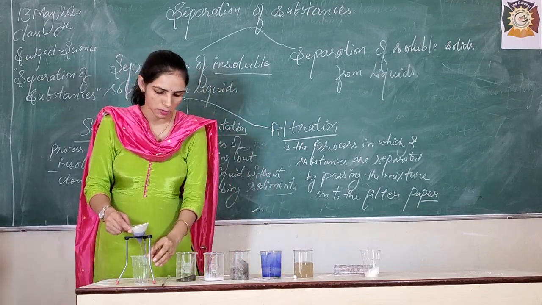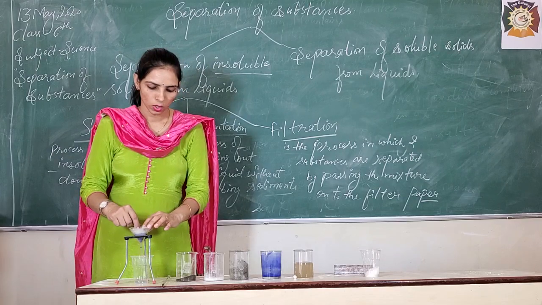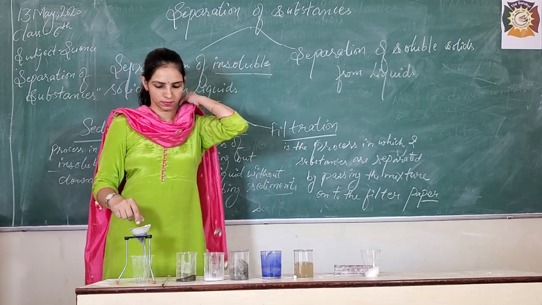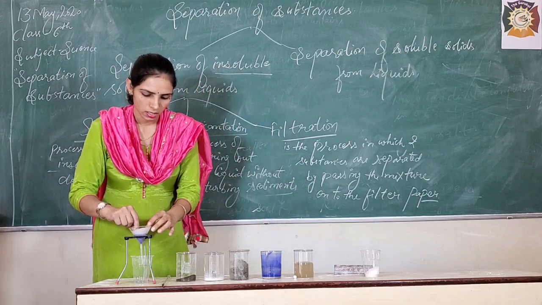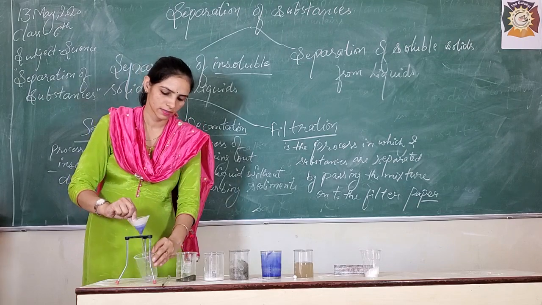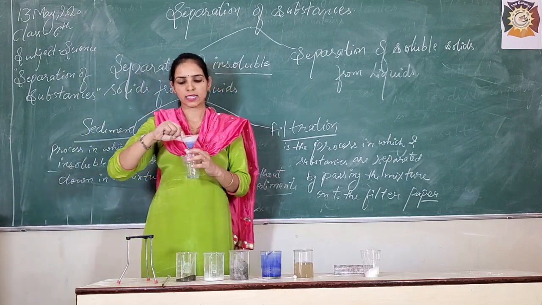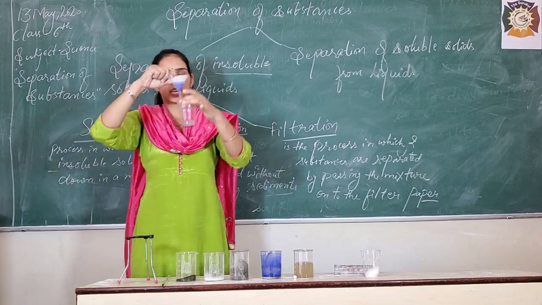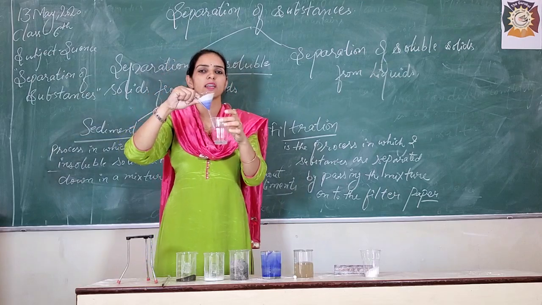I'll show you what is happening. It will just take a few minutes, and after this, let me show you. See, you can see this water is much clearer than the blue mixture, right?